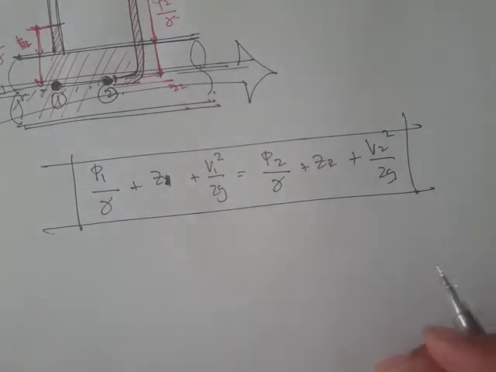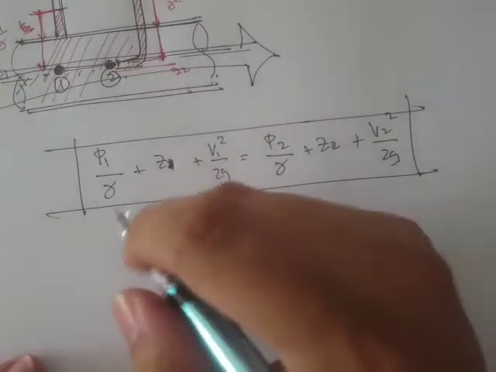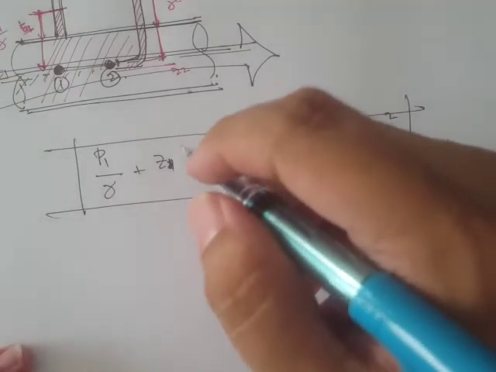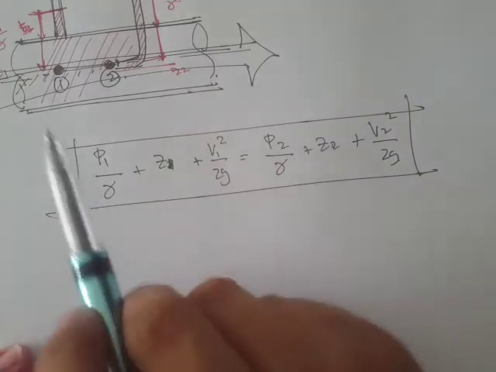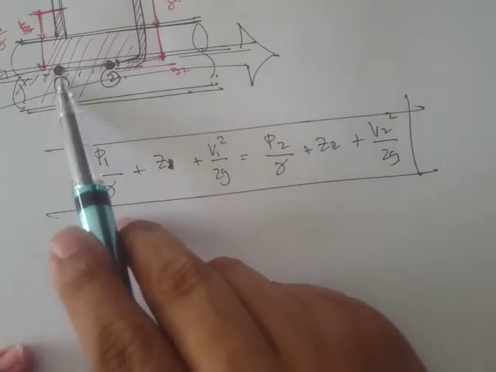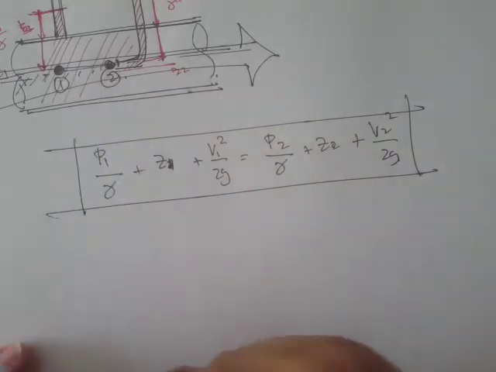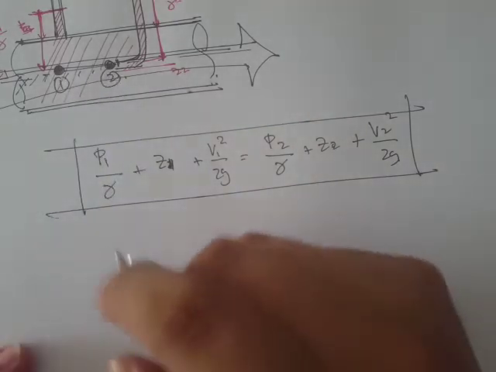applications, we can also simplify the expressions by finding some terms that are zero. For example, point 1 is at the same elevation as point 2, and therefore z2 minus z sub 1 is just 0.